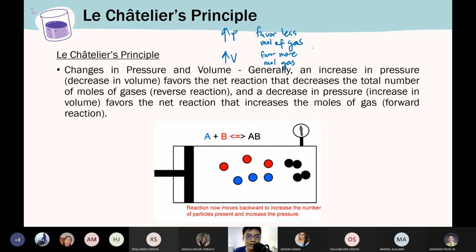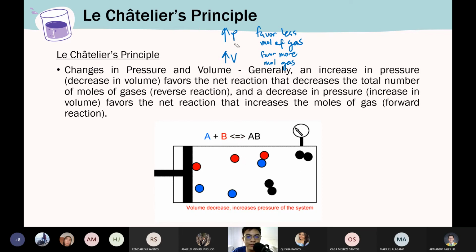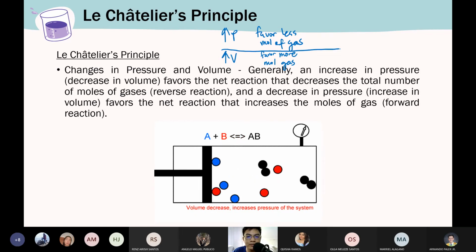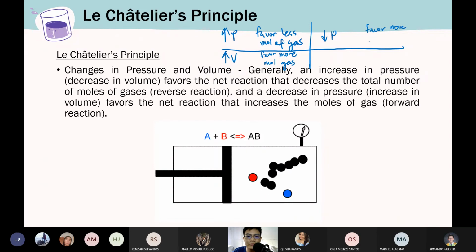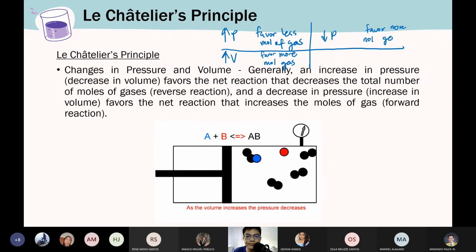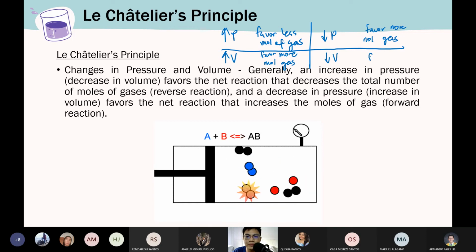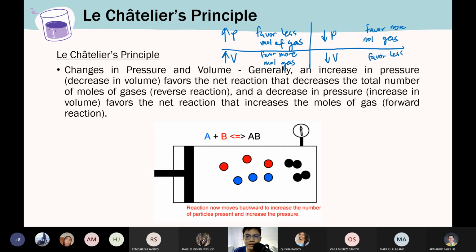May example tayo dito. Don't worry. Ilatag ko lang yung mga kakabisaduhin niya. If you decrease pressure, you favor more mole of gas. If you decrease the volume, you favor less mole of gas.